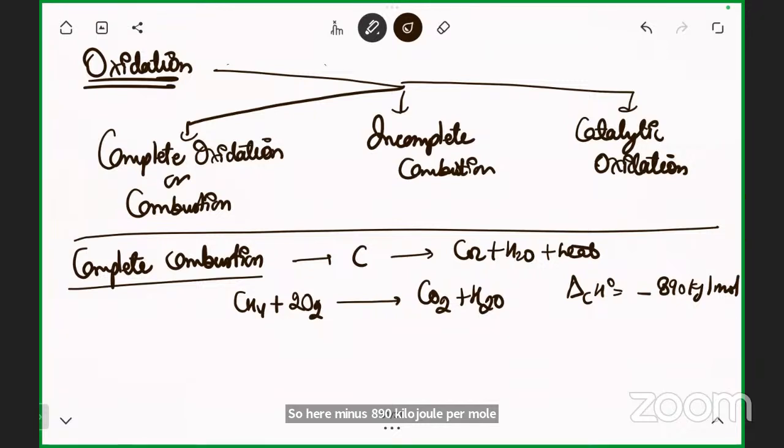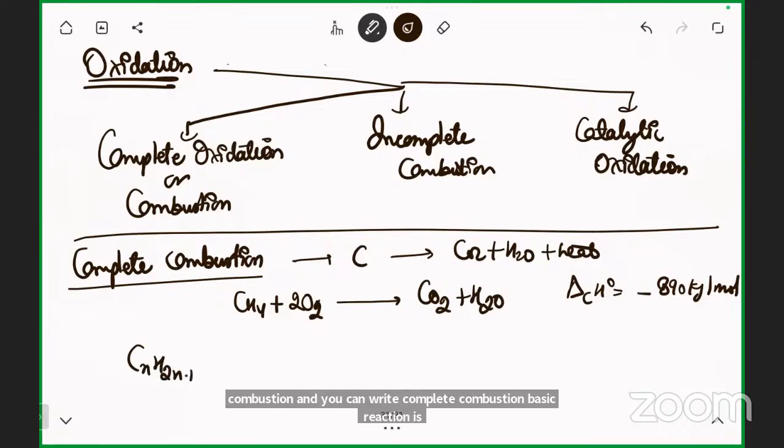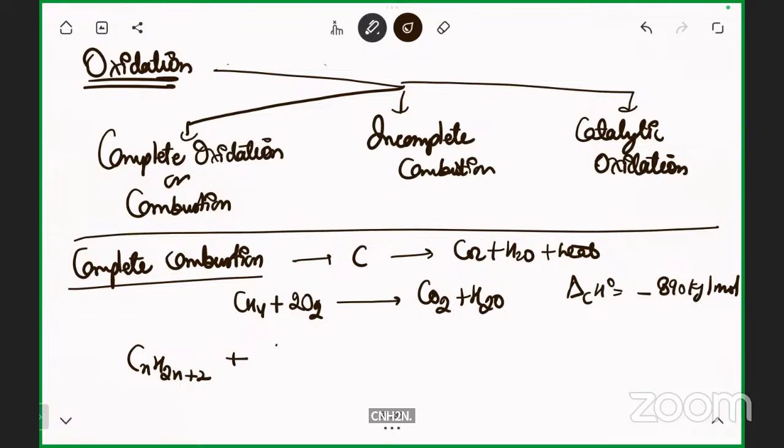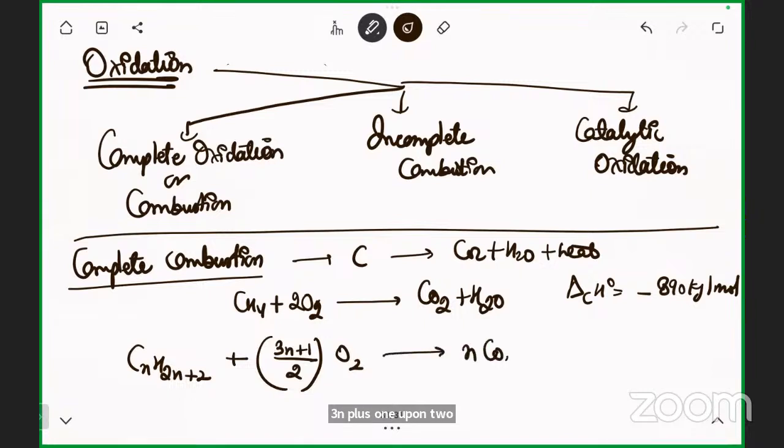The basic complete combustion reaction is CnH2n+2 plus (3n+1)/2 O2 gives n CO2 plus (n+1) H2O. Just write the value of n and the reaction will be balanced.